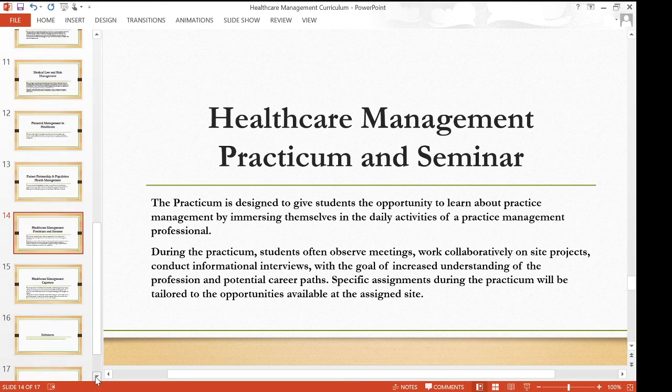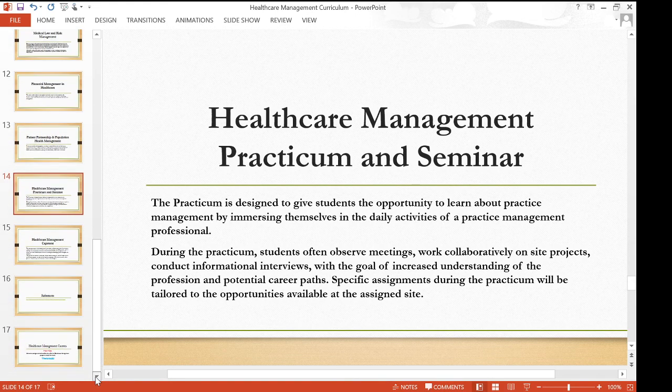The next subject will be healthcare management, practicum, and seminars. The practicum is designed to give students the opportunity to learn about practice management by immersing themselves in the daily activities of a practice management professional.